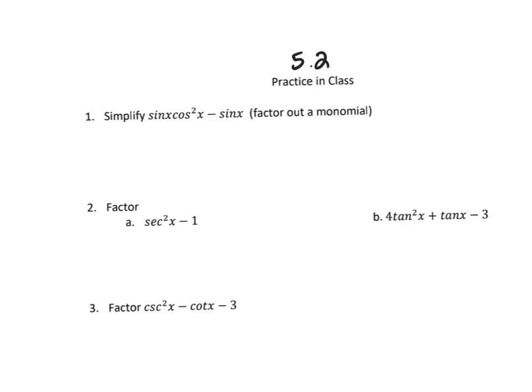This first problem says to factor out a monomial, which means factor out a term or an expression or a trig function that's common in both terms. So I'm looking, the first term has a sine x and a cosine squared x, and the second term has a sine x. So I'm going to factor out sine x.